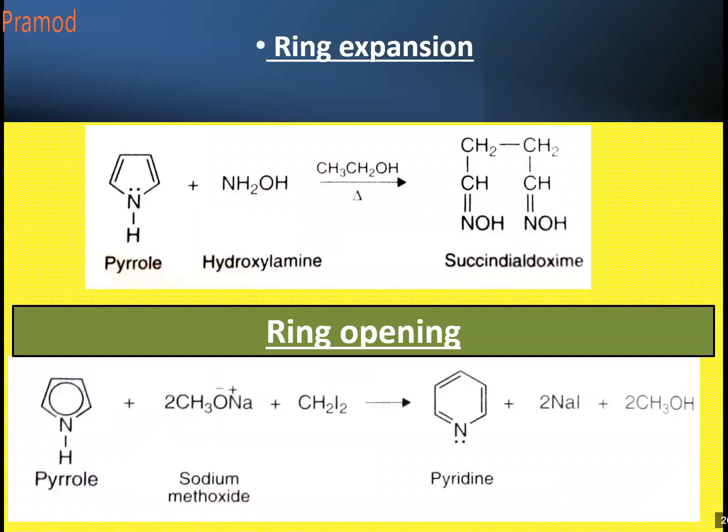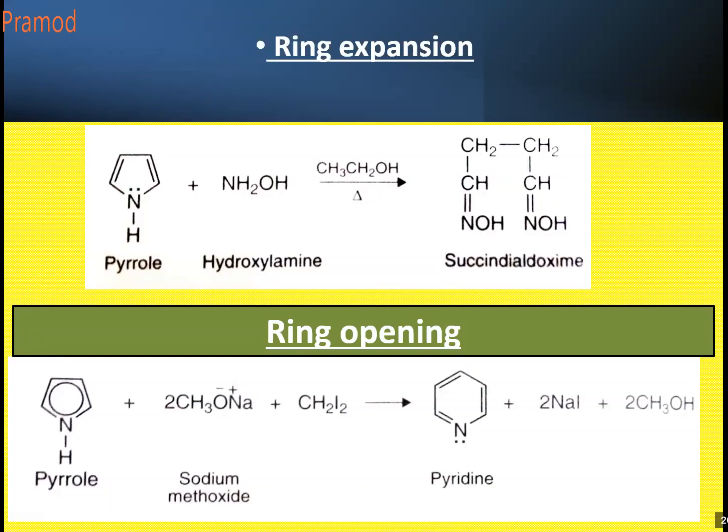It also undergoes ring expansion and ring opening. When pyrrole reacts with hydroxylamine in the presence of ethanol and you heat it, it undergoes a ring opening reaction to form succinyl dialdoxime. So ring opening takes place and you get your oxime.